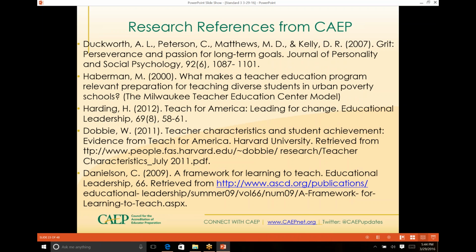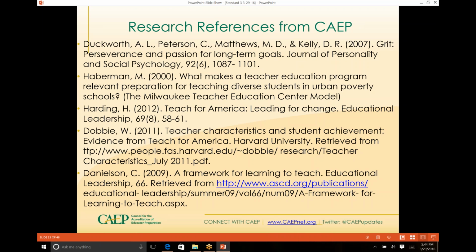Here are some references from CAEP. When I send you the email, you will get some of these. These are mostly dispositional related things. It talks about grit, perseverance, as well as passion. It's got Haberman's work on urban poverty, what makes for good teachers of children in poverty. There's a number of references from Teach for America here because they've demonstrated that having certain characteristics of leadership lead to greater success in the classroom and in influencing student achievement.